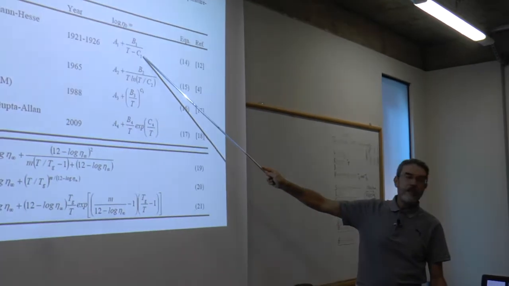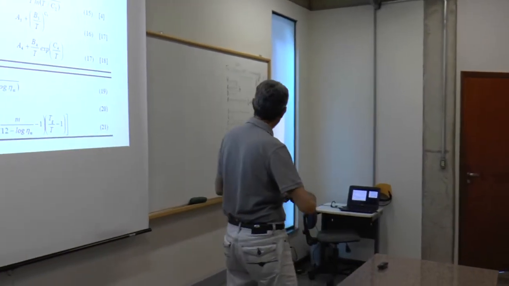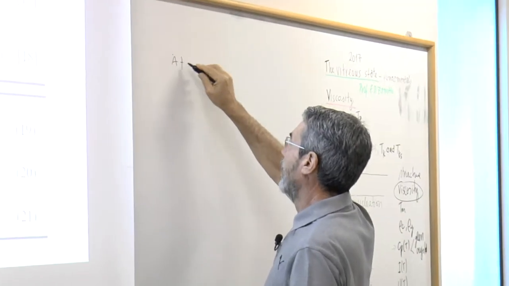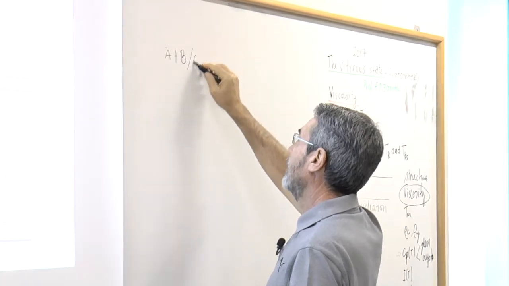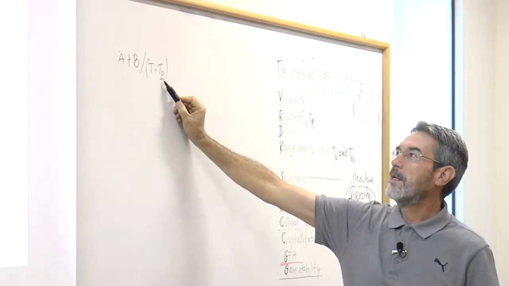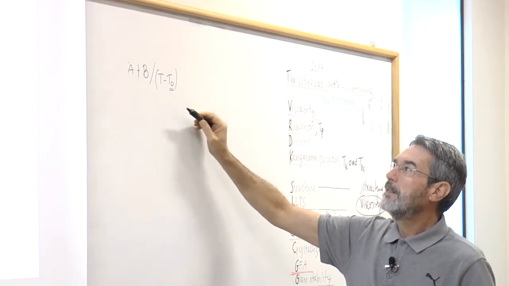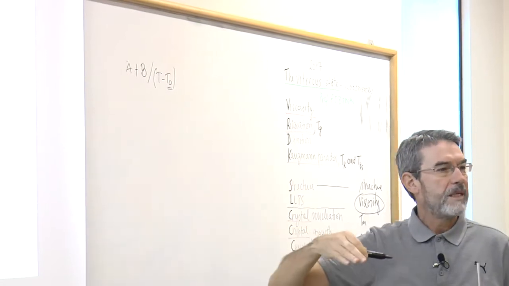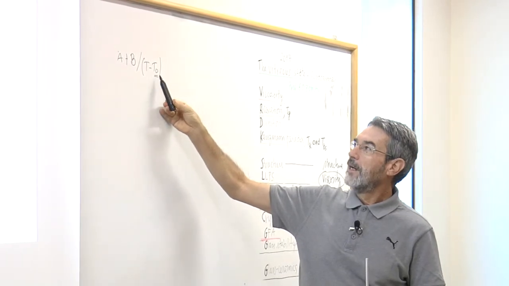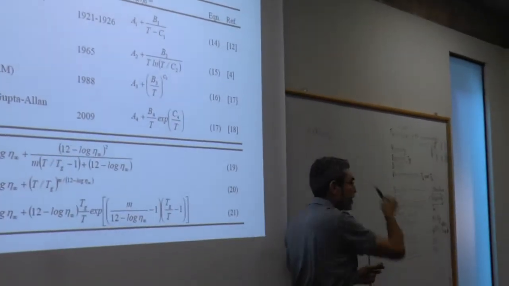C1 is best known as T0; you find this equation in the literature as A plus B divided by T minus T0. T0 is the temperature where the viscosity tends to infinity if this equation applies. So this is the meaning of C1 and T0.